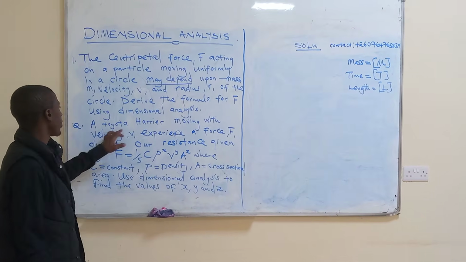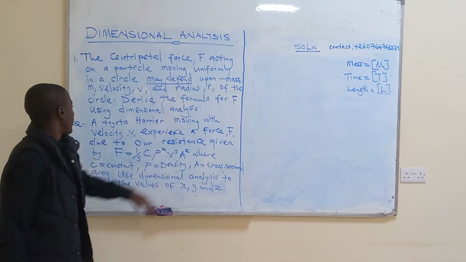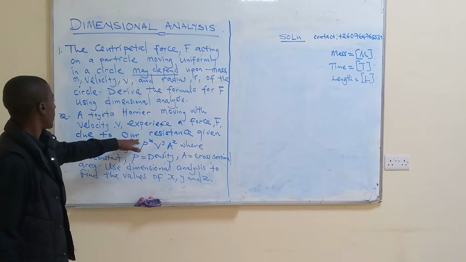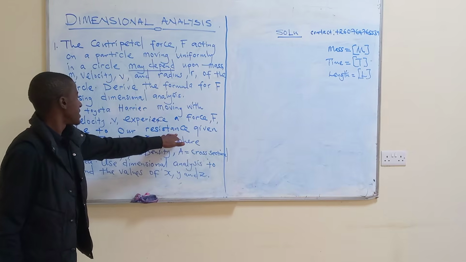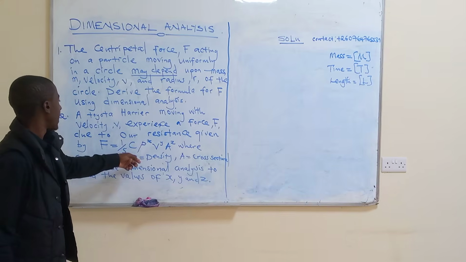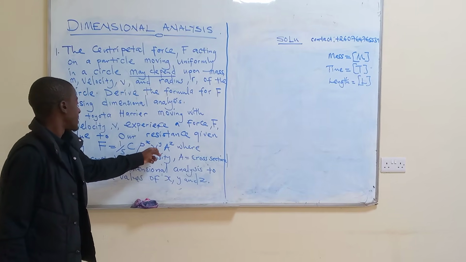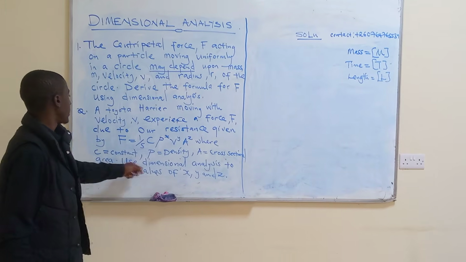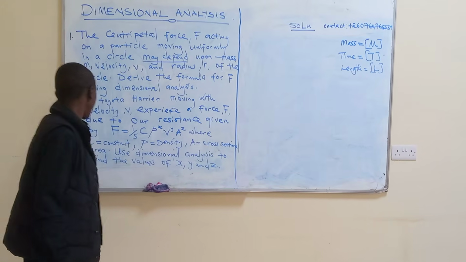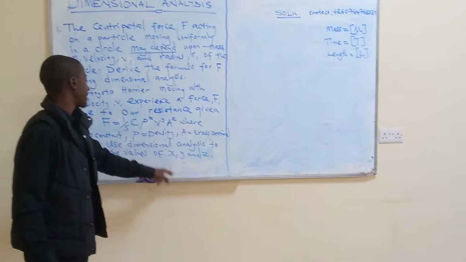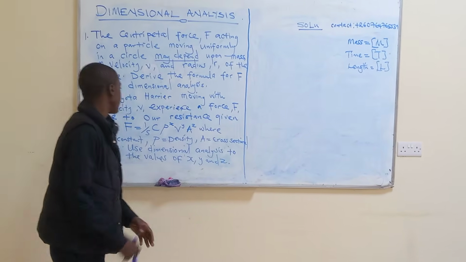So we are continuing with question 2, where it reads: a Toyota area moving with the velocity v experiences a force due to air resistance given by F is equal to 1 over 2 times C density times v^y times A^z, where C is the constant, ρ is density, A is area. Use dimensional analysis to find the values of x, y, and z.